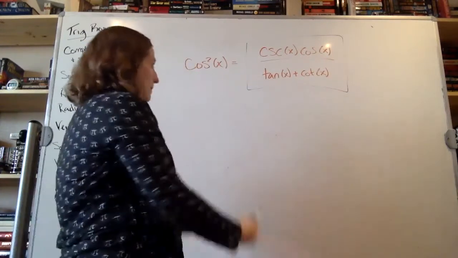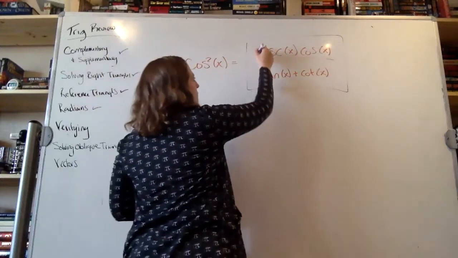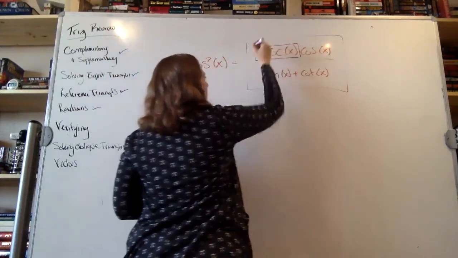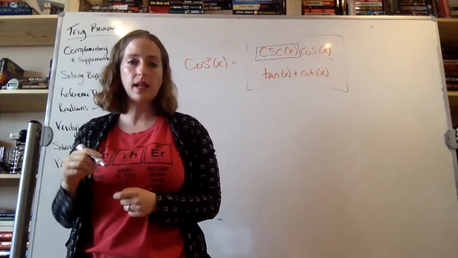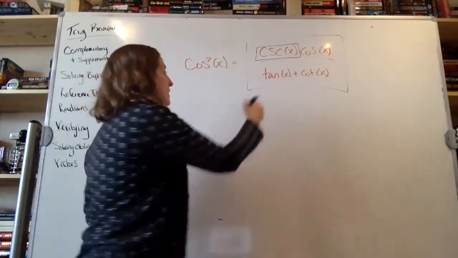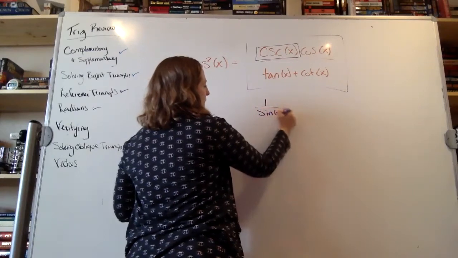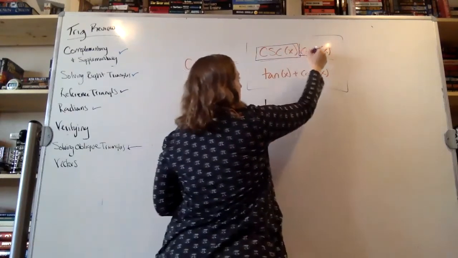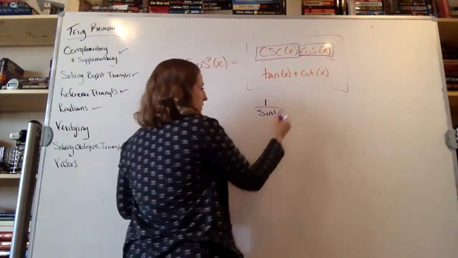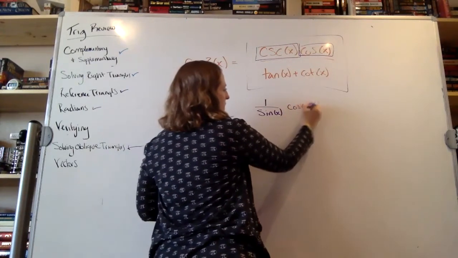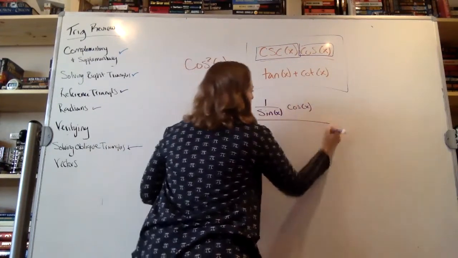So each term I'm going to change into a sine and a cosine. So cosecant of x, using a reciprocal identity, cosecant is 1 over sine. So I'm going to rewrite cosecant as 1 over sine. Cosine is already in terms of cosine, so I'm going to leave cosine as it is. So there's my numerator.